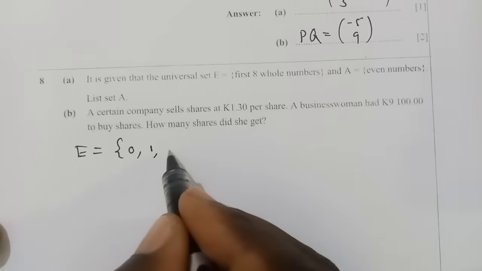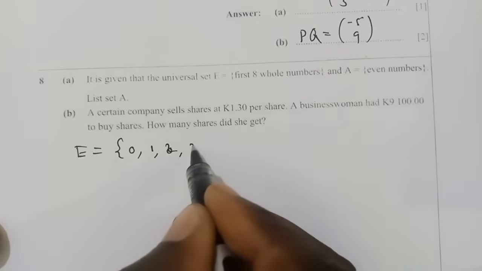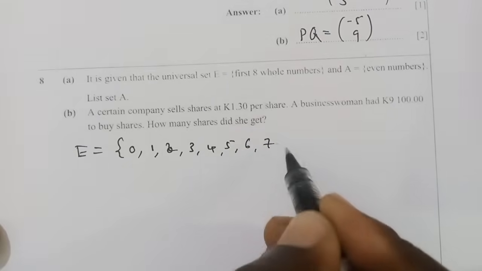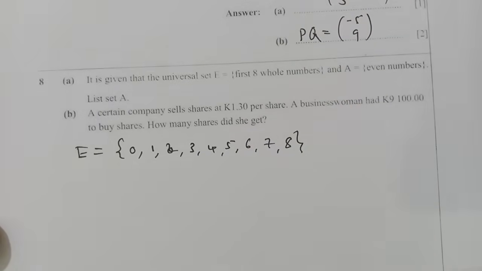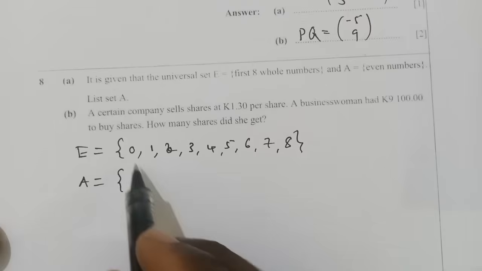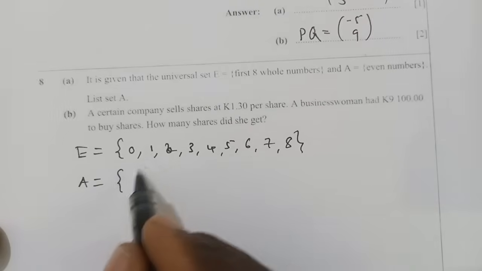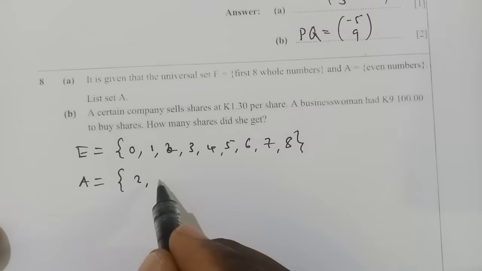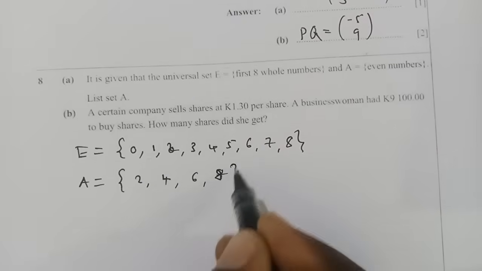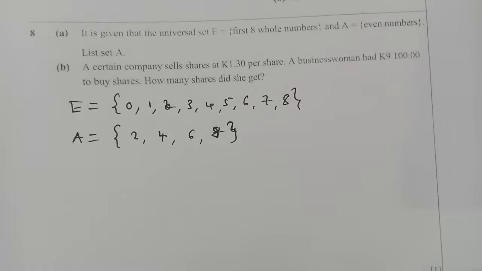Whole numbers start with 0, 1, 2, 3, 4, 5, 6, 7, 8. They said first 8. And then our A, they said even numbers. So we can pick the even numbers from here. Even numbers are numbers where 2 can go in. So this is our solution.